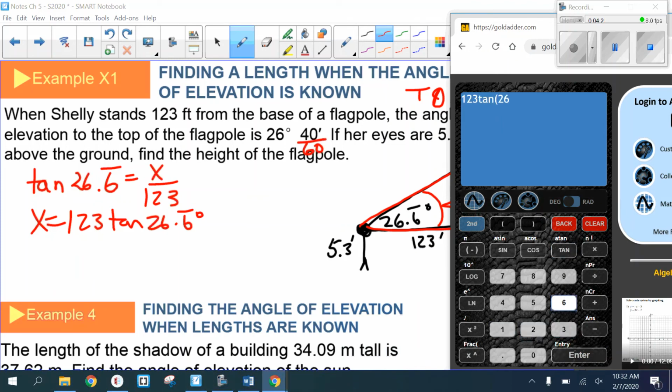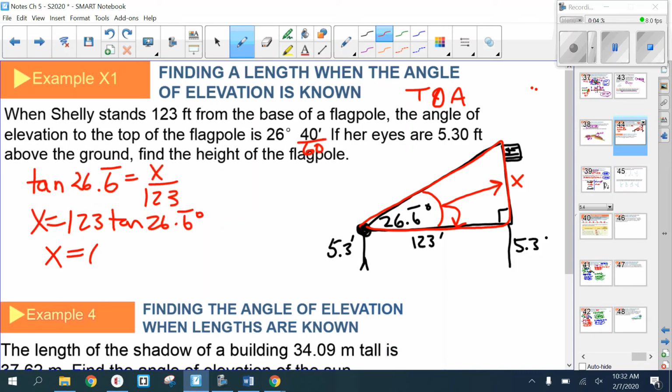How I'm going to enter that on my calculator is I'm going to enter a whole bunch of sixes in there. I don't like rounding off. Just put in a bunch of sixes and it'll be like you barely rounded off. So let's call that 61.8. X is 61.8 feet. Now that's not the height of the flagpole.